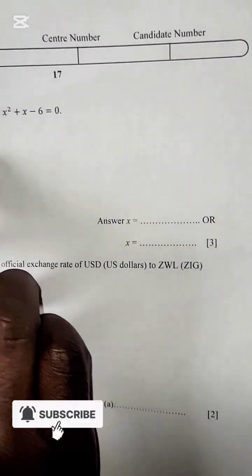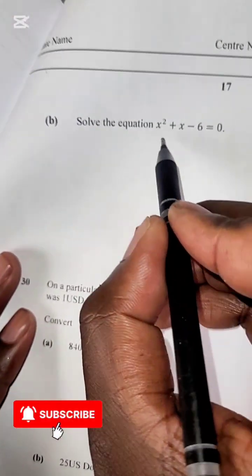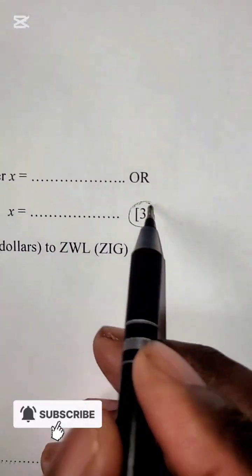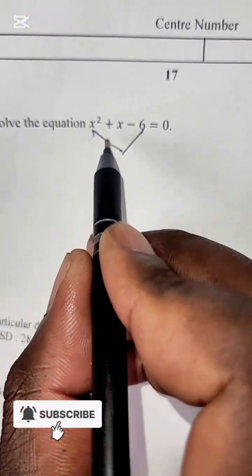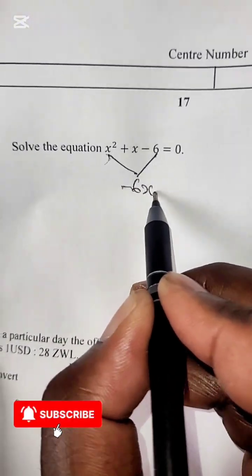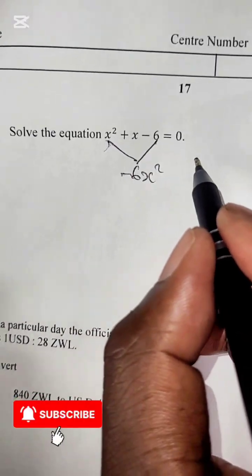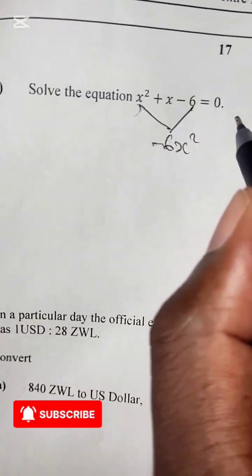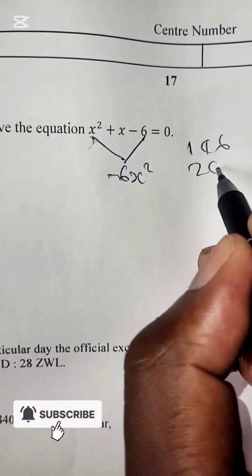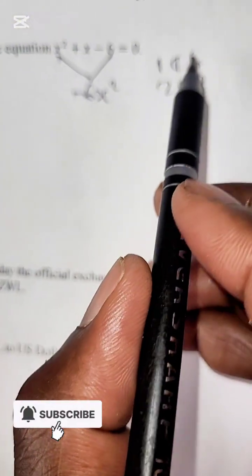Next question. We are asked to solve this equation. If it's got 3 marks, you can solve it using product and sum. Okay. So we're going to multiply the first and the last one to get minus 6x squared. Factors that you should multiply to get minus 6: you get 1 and 6, then 2 and 3.